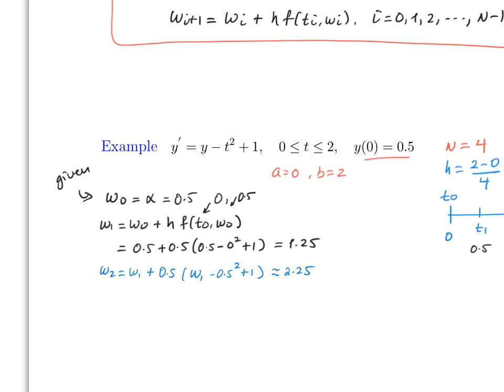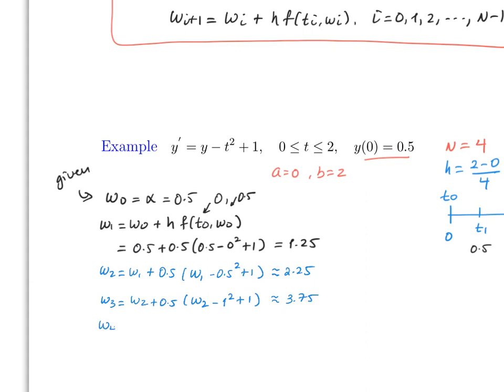All right, so if you keep doing the same thing, W3 will be W2 plus 0.5 times W2 minus 1 squared plus 1, and this is around 3.75.